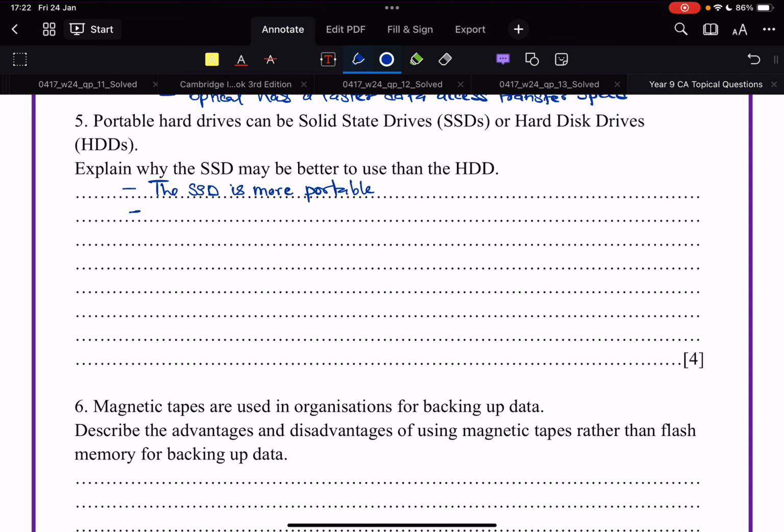Another one is that with the introduction of SSD, laptops have now become smaller and thinner. So the SSD is smaller and thinner. And again, the SSD uses less energy.